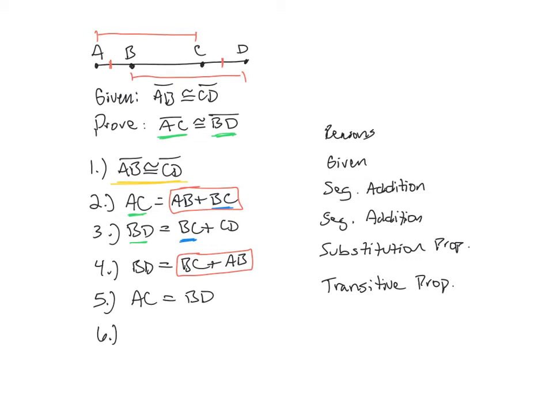Okay. And then there's kind of a weird thing. In the end, if you go all the way back up to the top, to the prove part, it says that they are congruent, but what I have is that they are equal. So you have to do this extra step to say that they are congruent, not that they are equal.